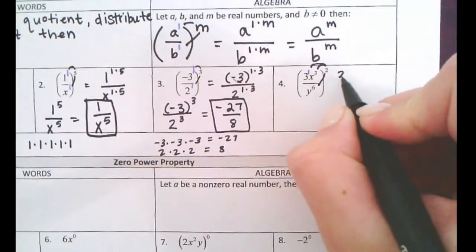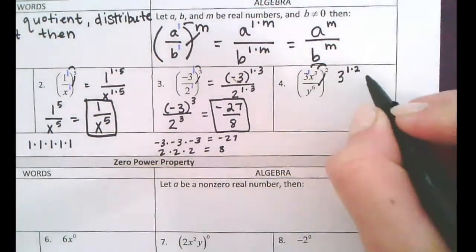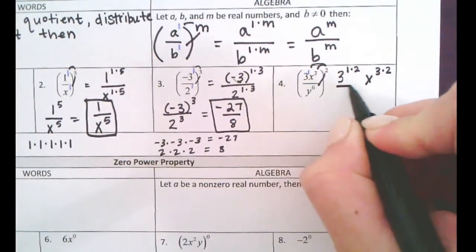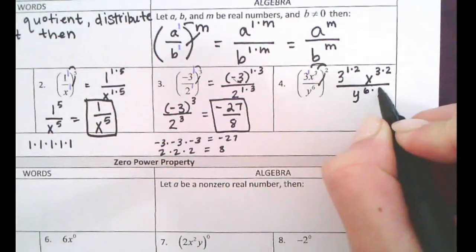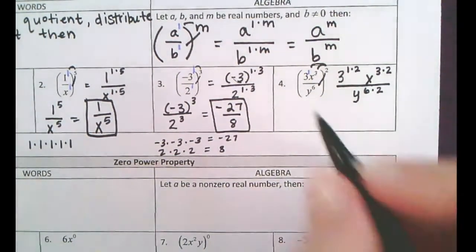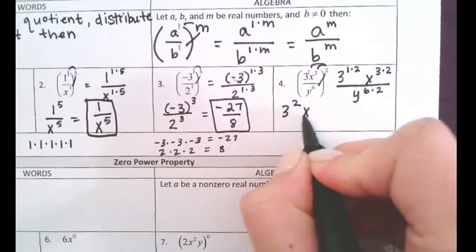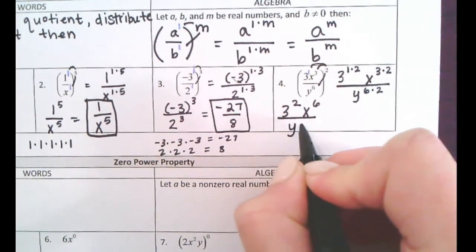So I have 3 raised to the 1 times 2, x raised to the 3 times 2, and in the denominator I have y raised to the 6 times 2. This will simplify to 3 squared x to the 6 divided by y to the 12th.